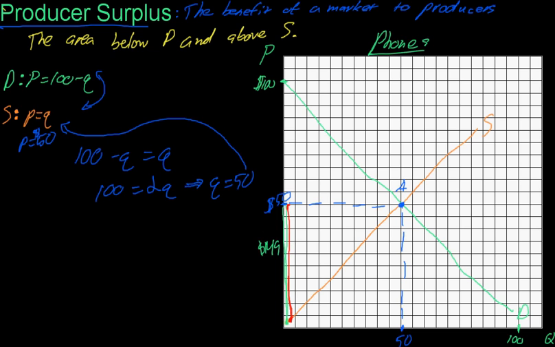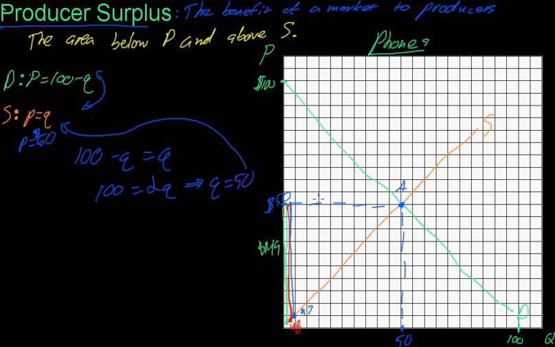And I hope that this logic is looking a little familiar now. The third guy would be willing to sell a phone for $3, and so he gets to sell it for $50 still. And so his surplus is 50 minus 3 is 47, and the red guy got $48 of surplus.